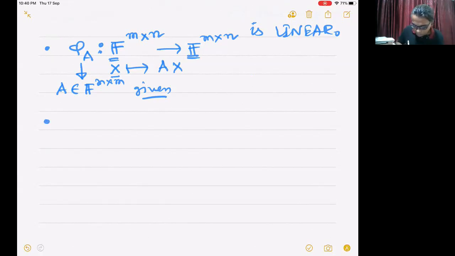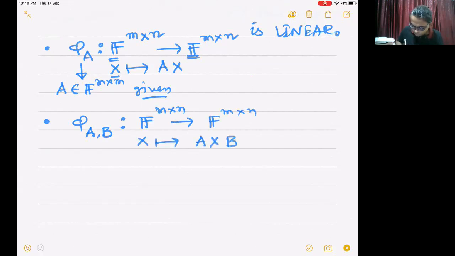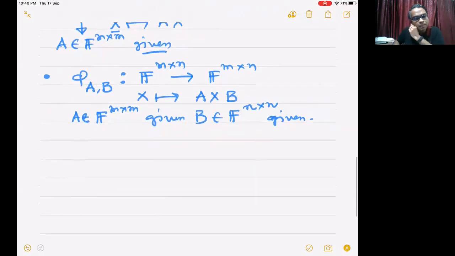Similarly, one can also define a linear map phi_AB, which is a mapping once again from F^(m cross n) to F^(m cross n), defined as X is sent to A times X times B, where A is a given m cross m matrix and B is a given n cross n matrix. Both are given. One can define a linear map like this.